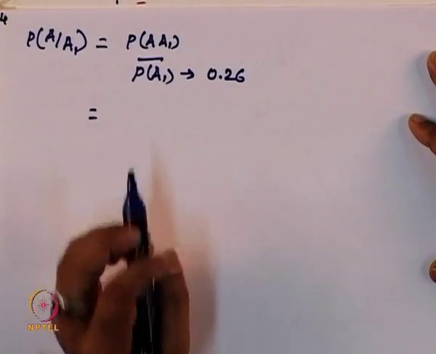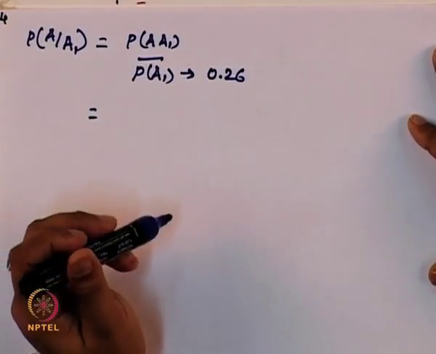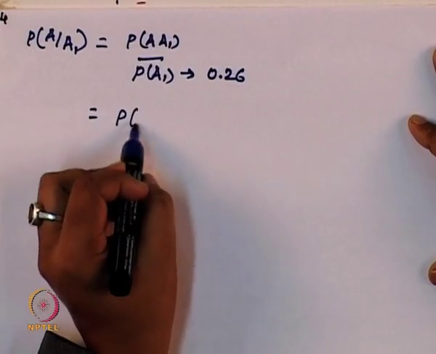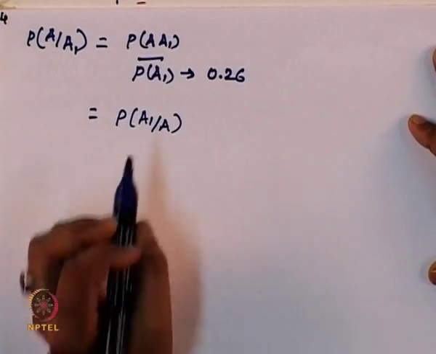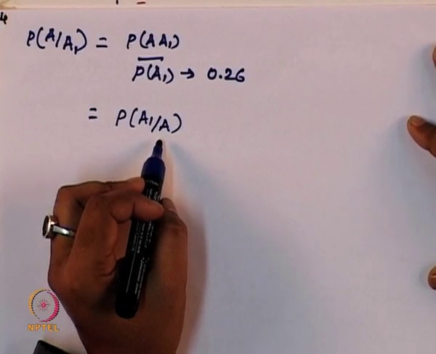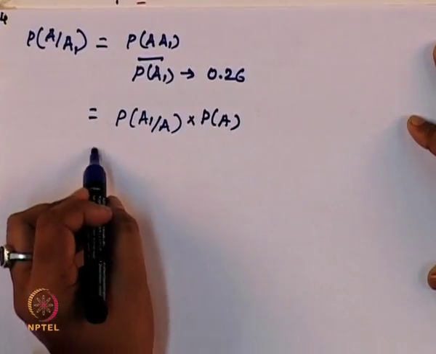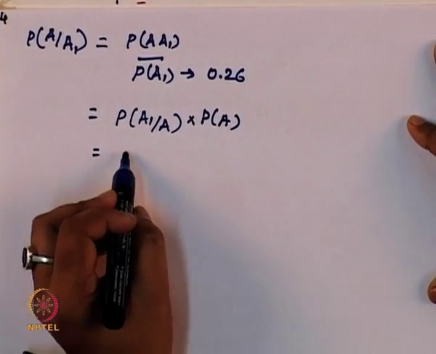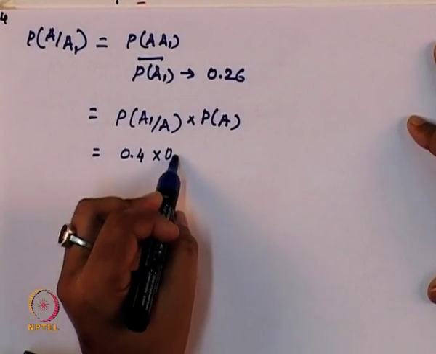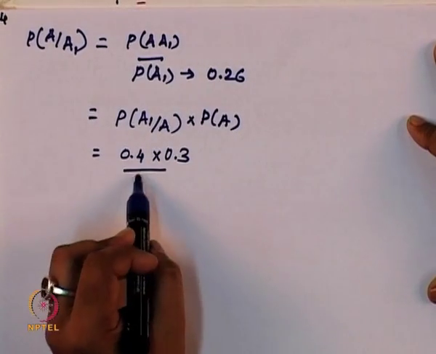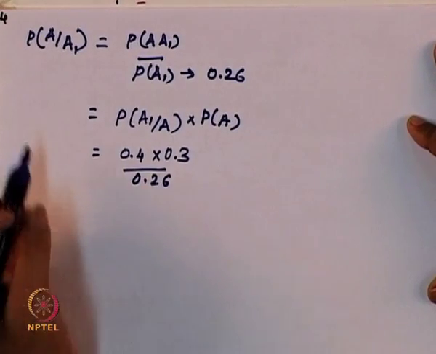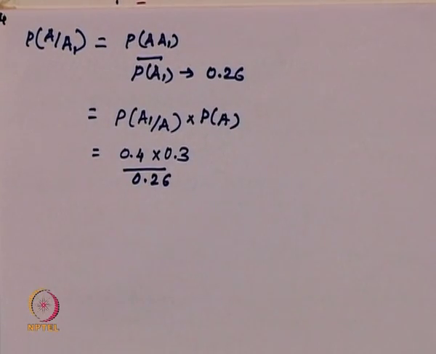What do I do with the numerator? I can rewrite it as the probability of A1 given A into the probability of A. So, this is 0.4 into 0.3, divided by 0.26, which is your final answer.